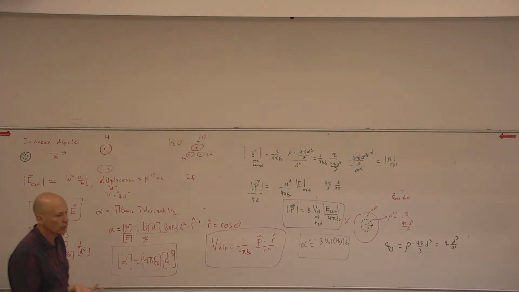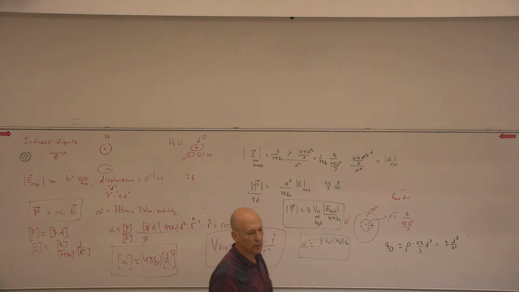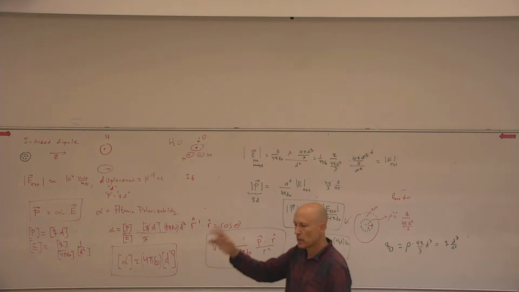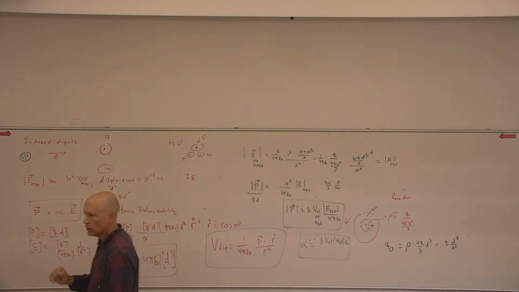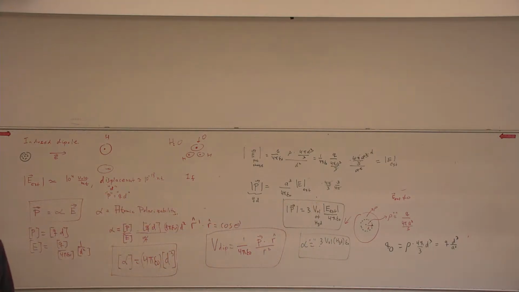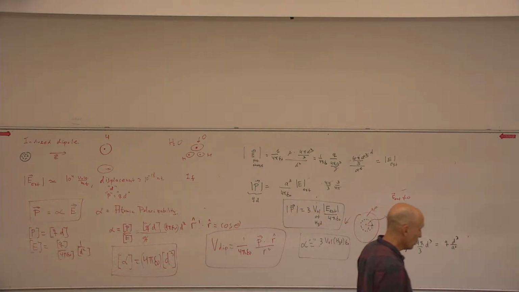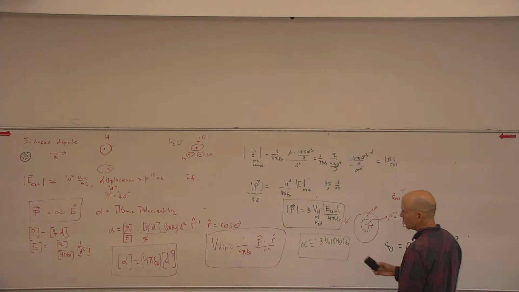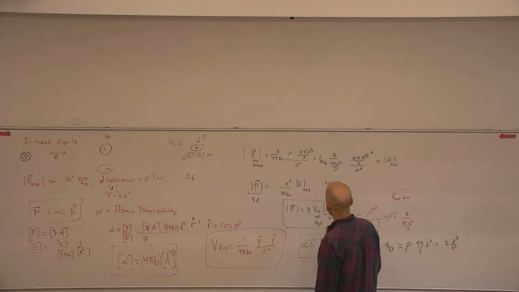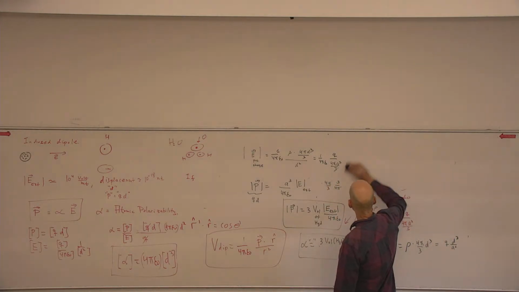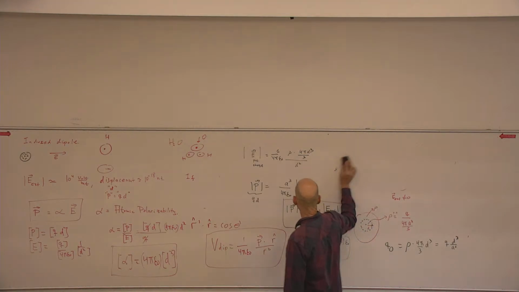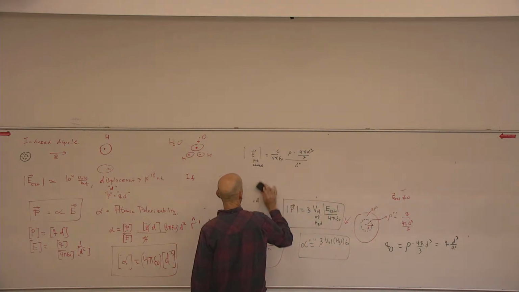For a spherical atom, it's like taking a cow, a horse, and an elephant and saying they are spheres, which is not correct. But it is a good thing to do. You first do that and then you correct. So let's go to the experiments and let's see what is this alpha, and see that it's more complicated, which is not so surprising, but this gives you some rough estimate of what's going on.